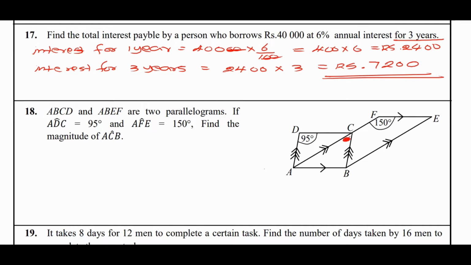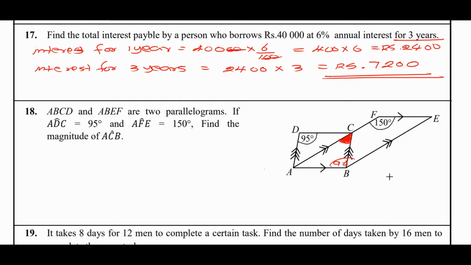I'm coloring with the color red. We are asked to find the value of this red angle. Alright, we have given ABCD is a parallelogram. Then this should be 95. Then definitely this should be 95 too, because opposite angles of a parallelogram are equal.